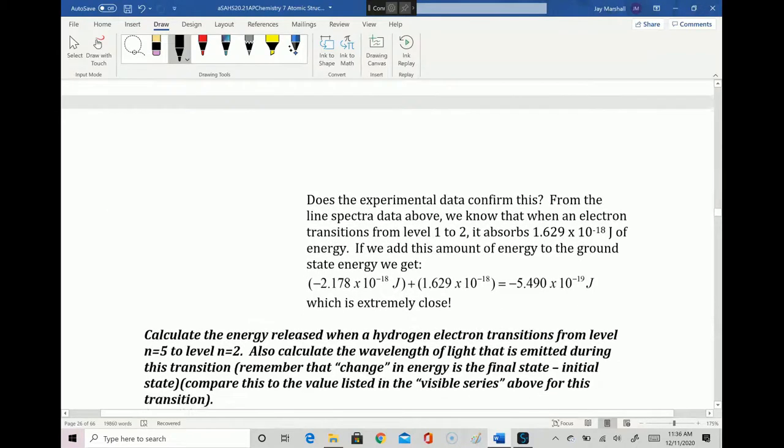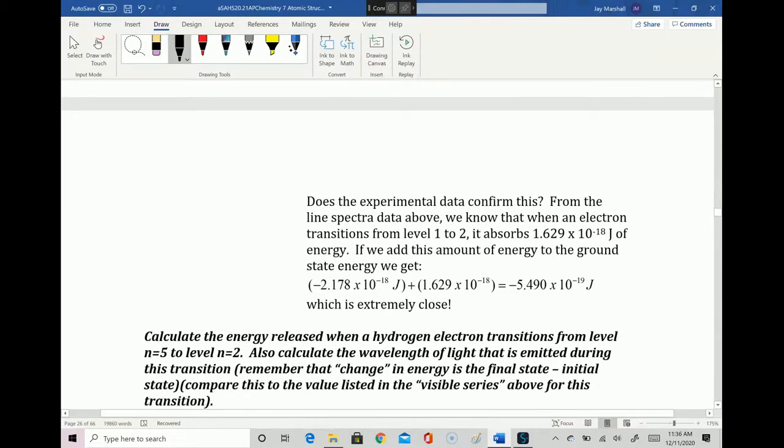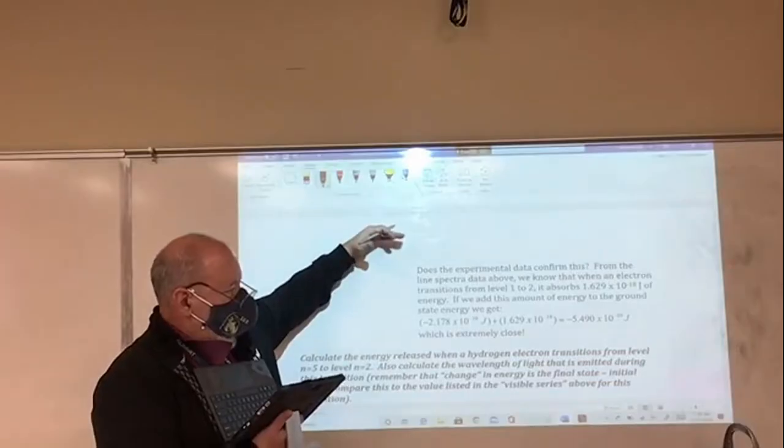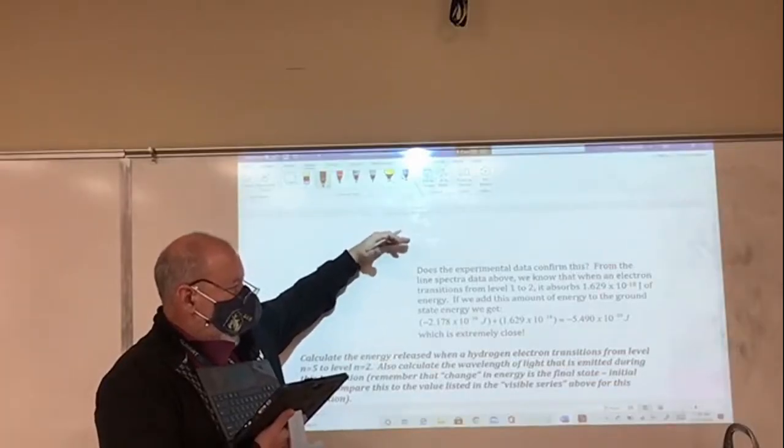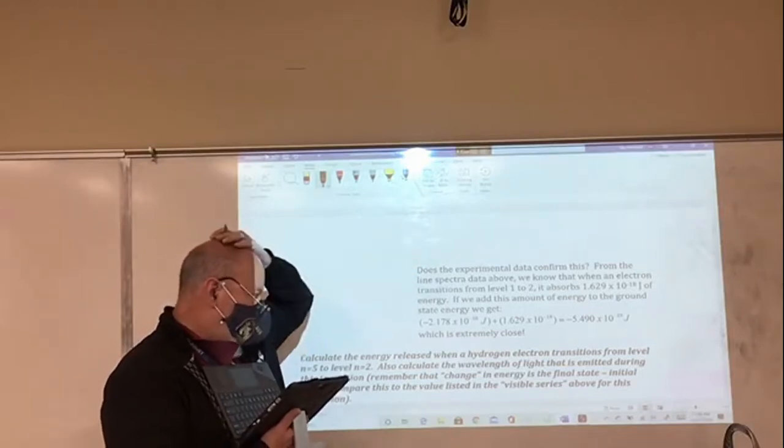And we go and look at the data from above. From the line spectra data above, we know that when an electron transitions from the first energy level to the second energy level, it absorbs this number of joules of energy. If we add this amount to the ground state energy, we get this number. And that's really close. So the Bohr formula predicts the energy levels of each of these states.